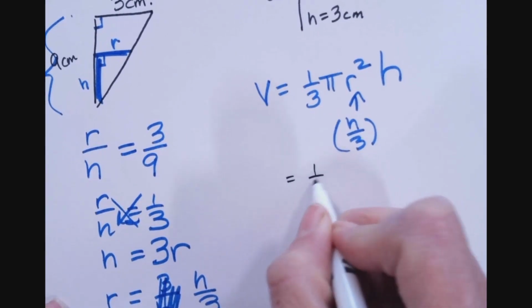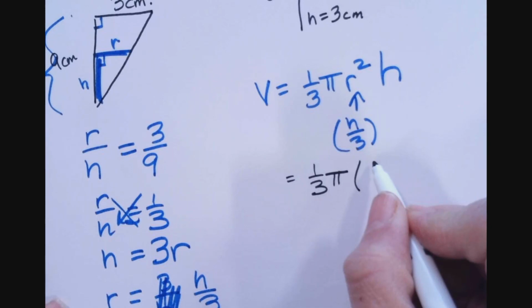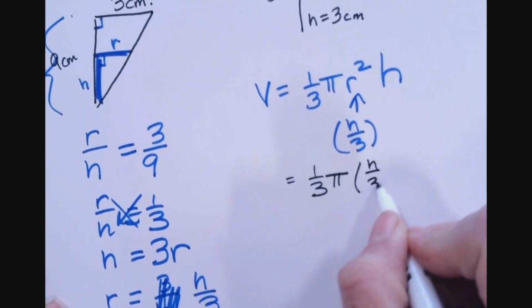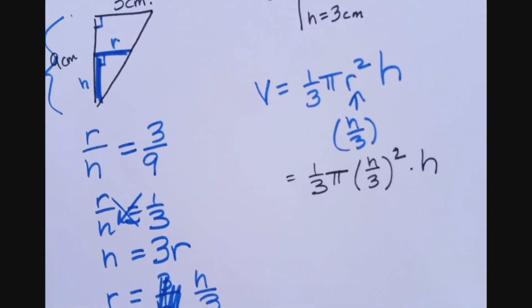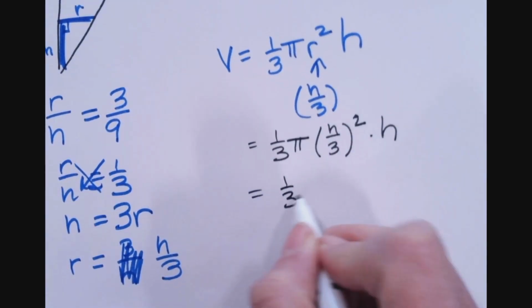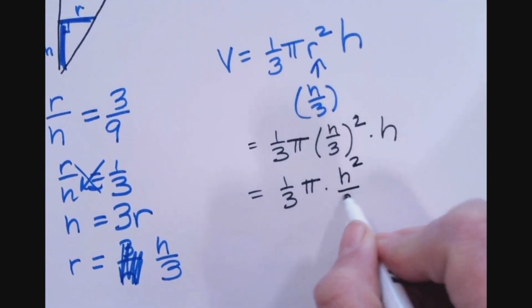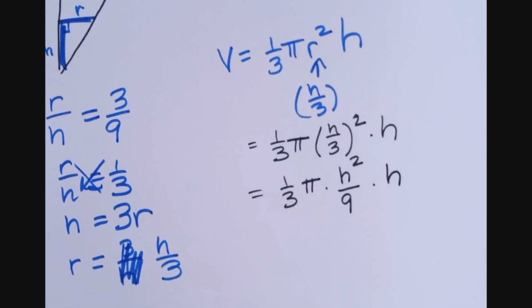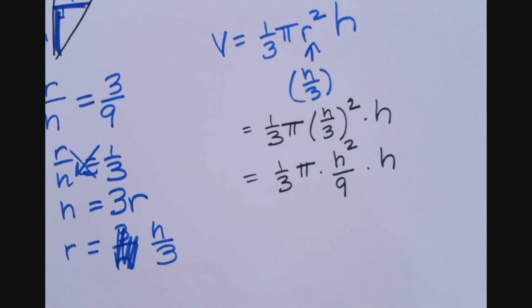So now we have 1/3 pi times H over 3 squared times H. So this would equal 1/3 times pi times H squared over 9 times H. I'm just multiplying that out, squaring the H over 3.